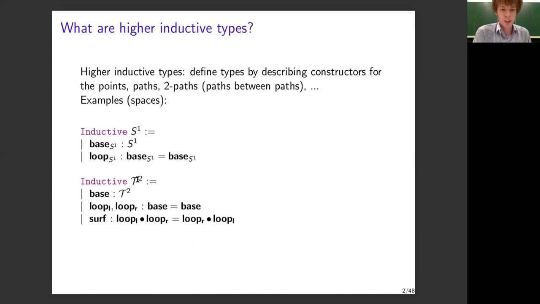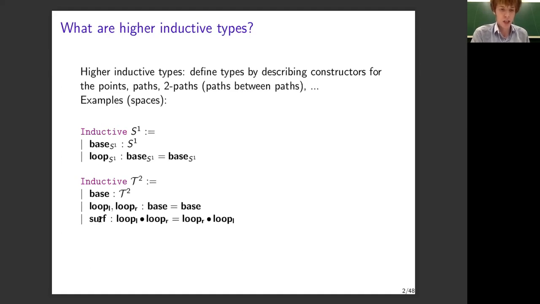Another example is the torus, T2. Again, this type has a point constructor, base. But now there are two path constructors, loop L and loop R. Both are of type base equals base. This type also has another feature of higher inductive types, namely that you can have constructors for paths between paths.